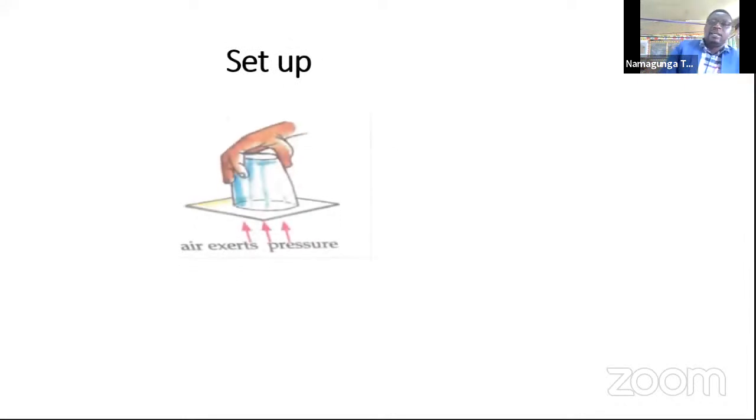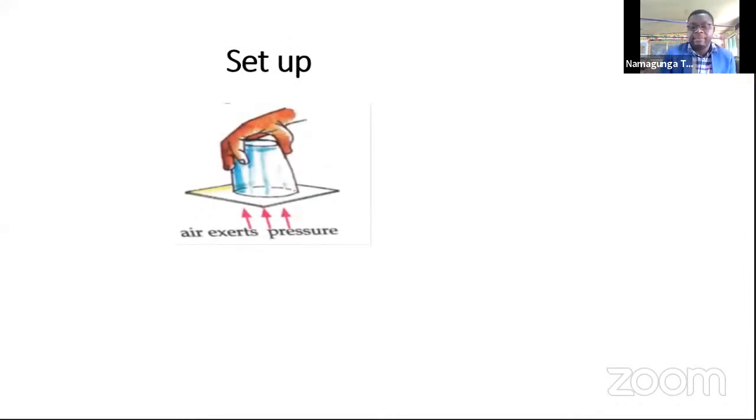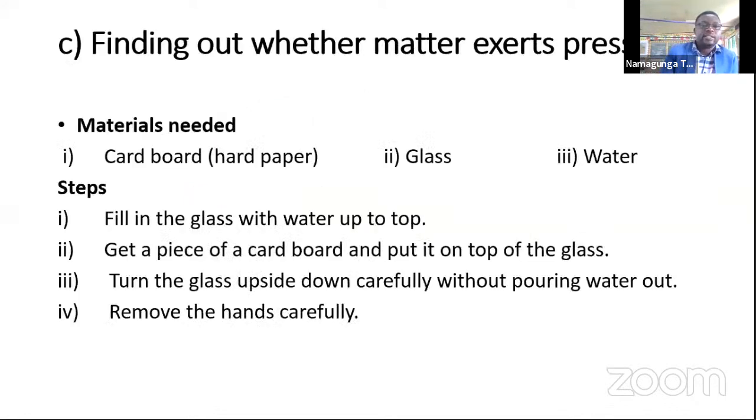So let's look at the setup. The first step, you get a glass, you fill in water, make sure the glass is full. Then on top of the glass, put the cardboard, when it is still upright. Then from there, you turn the glass upside down so that the water doesn't pour.